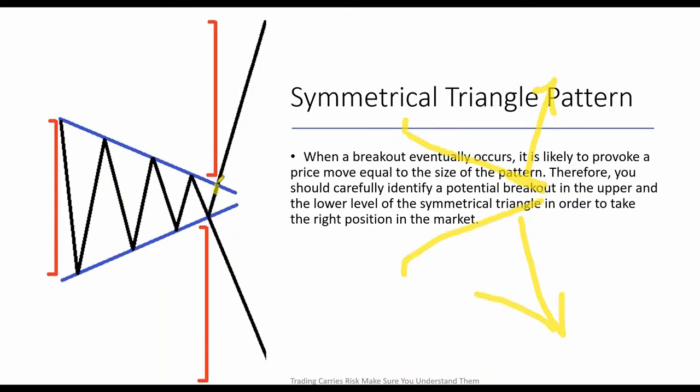When we get the breakout, we can estimate the direction of the move, the length of the move, by taking the width of the pattern and then dropping that on our chart here. And we can do the exact same thing for a symmetrical, an ascending or descending, or a wedge.